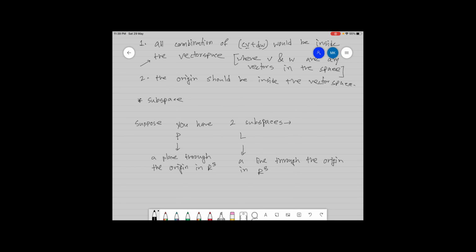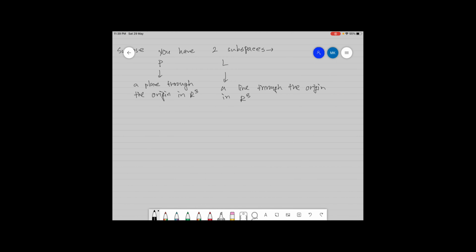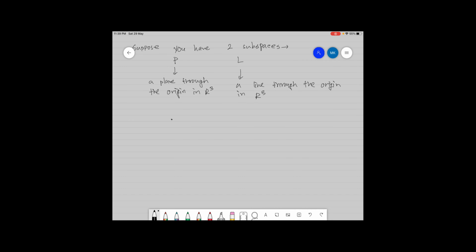Okay. So if I try to draw it, it's difficult to draw a plane in R3 on a 2D surface, but let's try. Let's say this is our plane. This is a subspace in R3, and let's say this is a line. So this is also a subspace in R3.